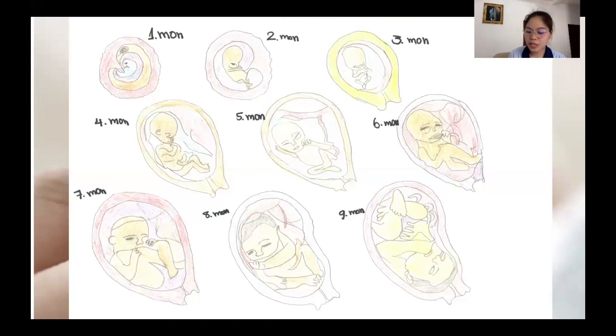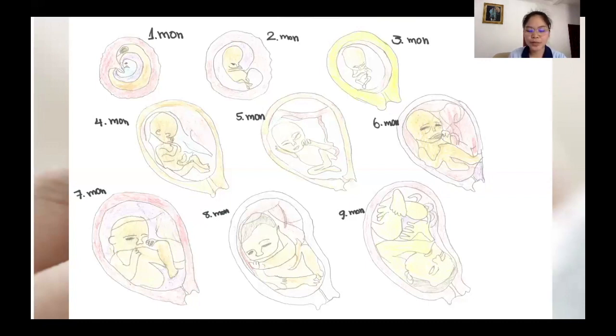And the baby's reflexes coordinate, so he or she can close the eyes, turn the head, grab firmly, and respond to sound, light, and touch. The baby is definitely ready to enter the real world.